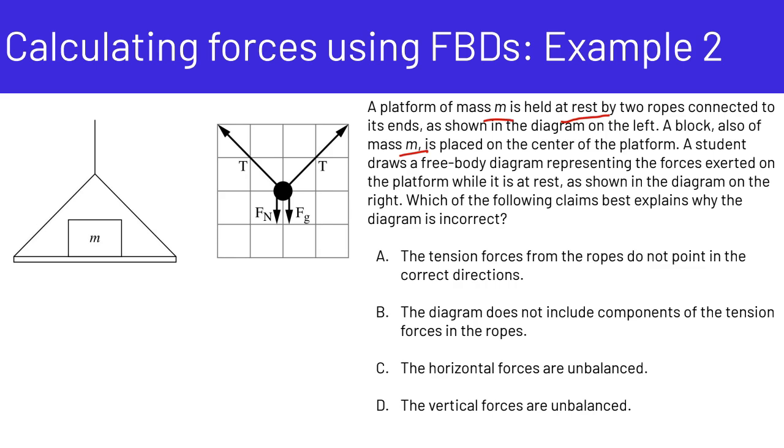So what we need to do here is break up our tension forces into the vertical components and the horizontal components and compare them. So these tension forces are at 45 degrees. So sine of 45 and cosine of 45 are the same number, and it's a little bit less than 1.